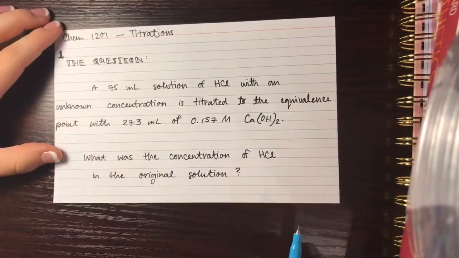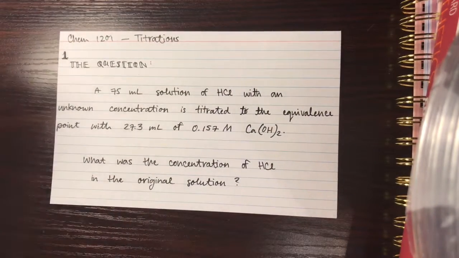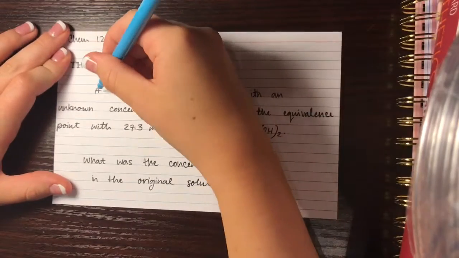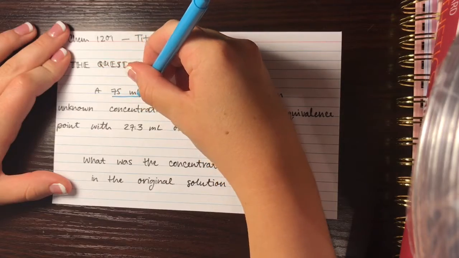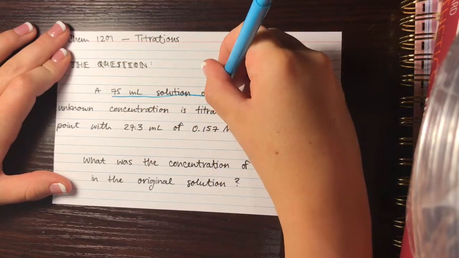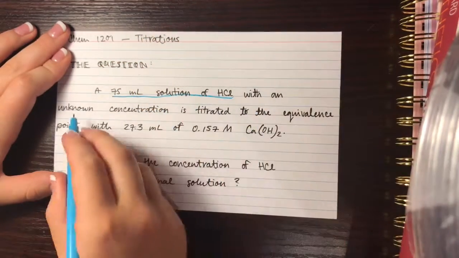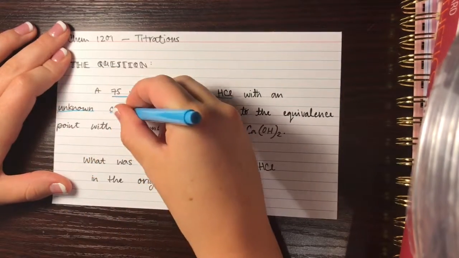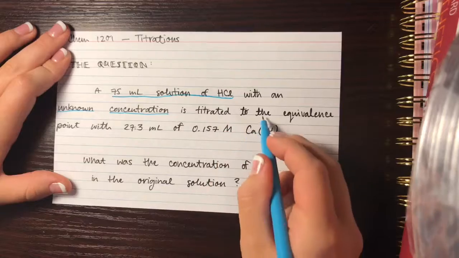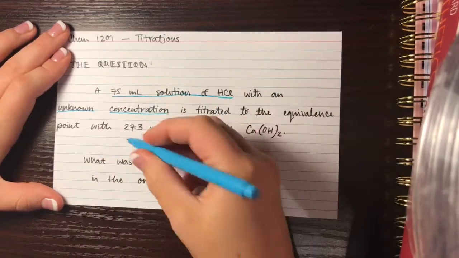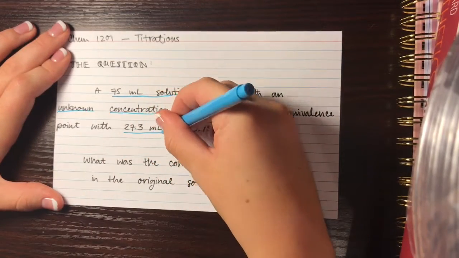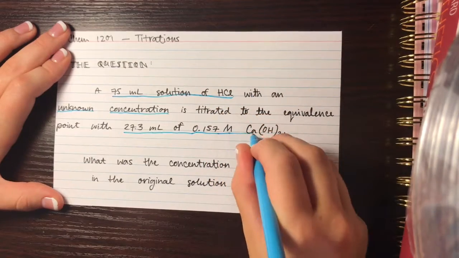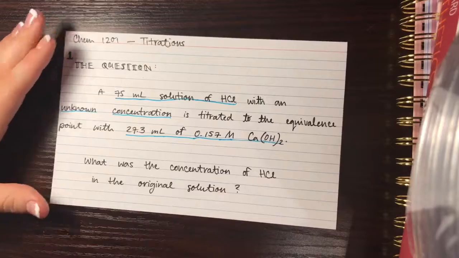So the first thing I like to do is go back and underline any words I think are important. So let's first, a 75 milliliter solution of hydrochloride with an unknown concentration is titrated to the equivalence point with 27.3 milliliters of 0.157 molar calcium hydroxide.